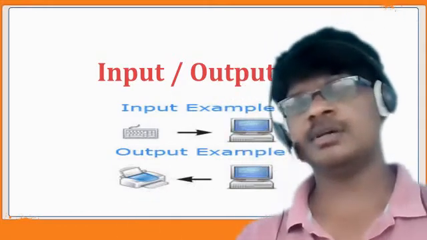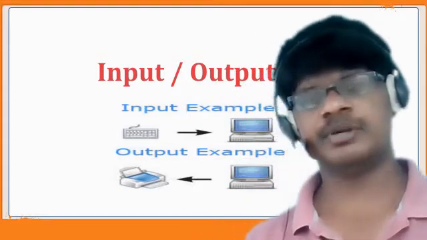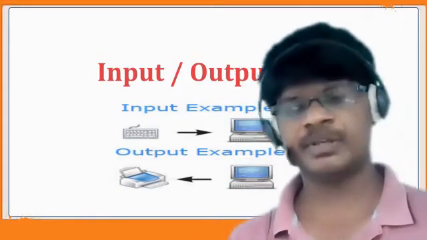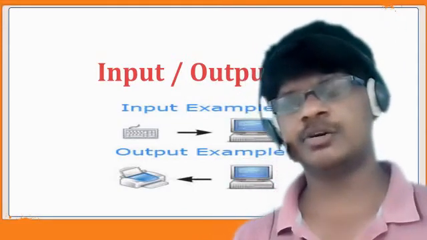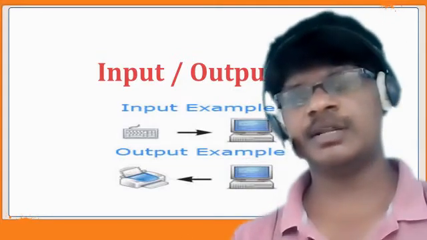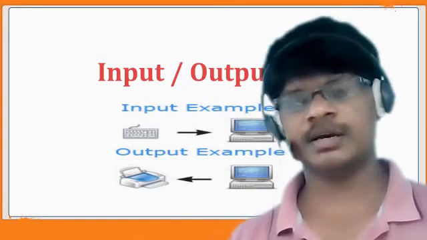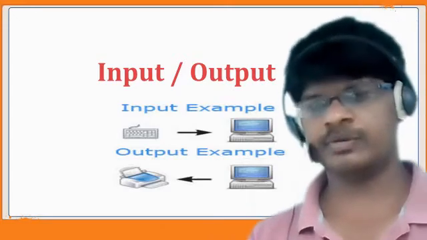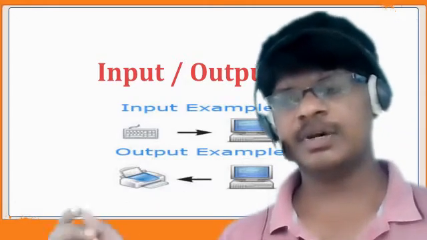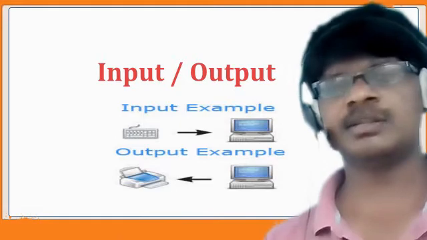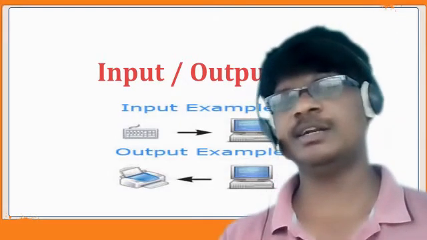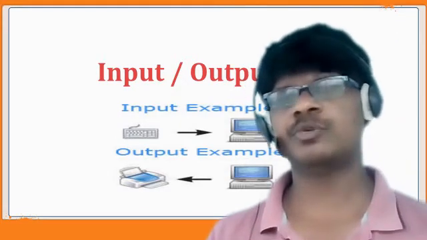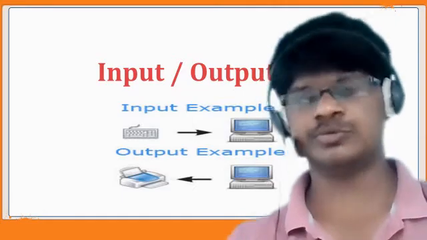And what is the output from the computer? For example, if we have a printer, we take a document and want a hard copy, so you need to take a printout. So whatever peripheral devices, the external devices attached to a computer, that give the desired output to the user are called output.